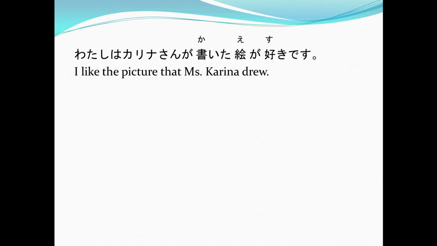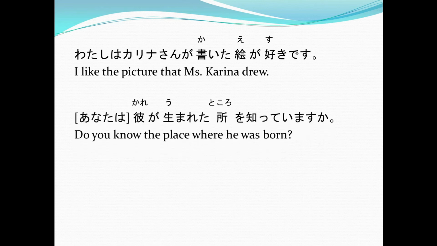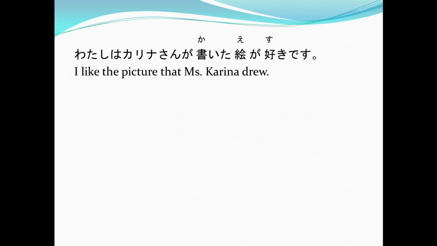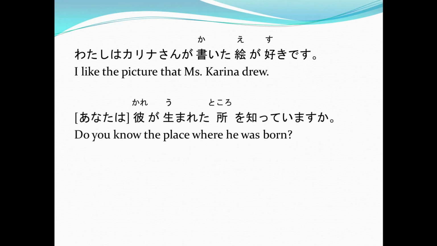Now, how about in this one? あなたは彼が生まれたところを知っていますか? Or do you know the place where he was born? Which part of this sentence is the noun modifier? Correct. It's the 彼が生まれたところ. Did you get that? わかった?